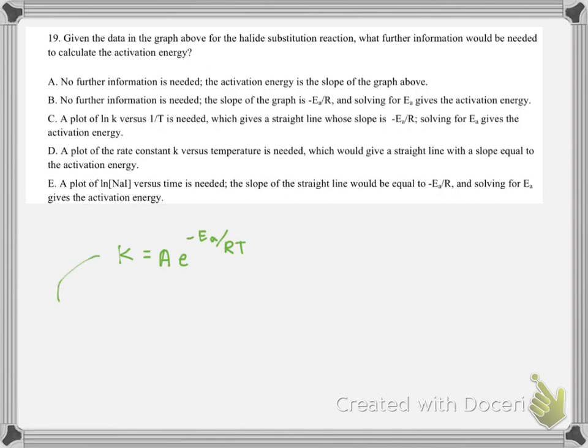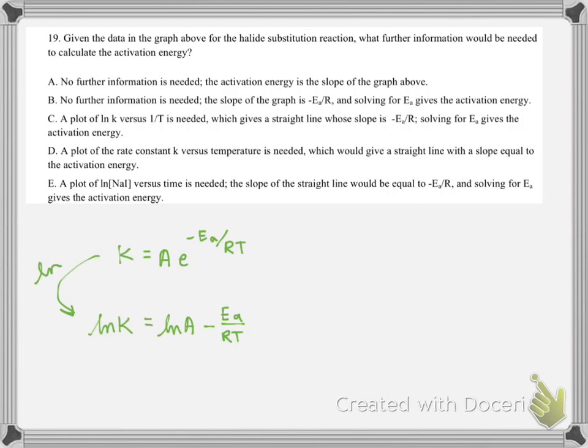Sometimes you'll see this written as the natural log version, where we have the natural log of k equal to the natural log of A minus Ea over RT. These are the equations that connect rate, activation energy, and temperature all together.